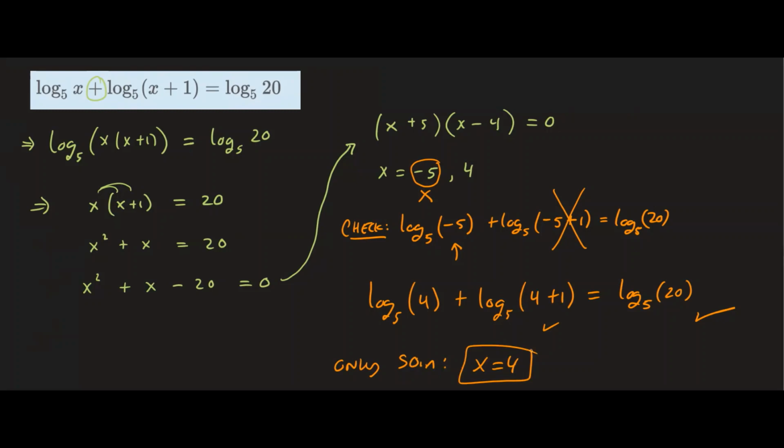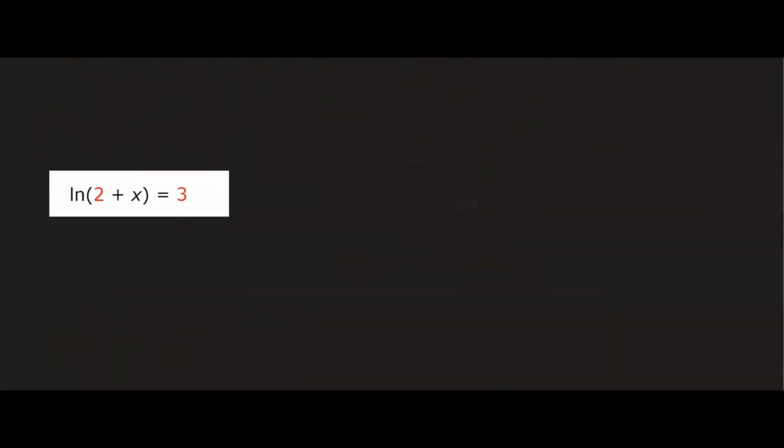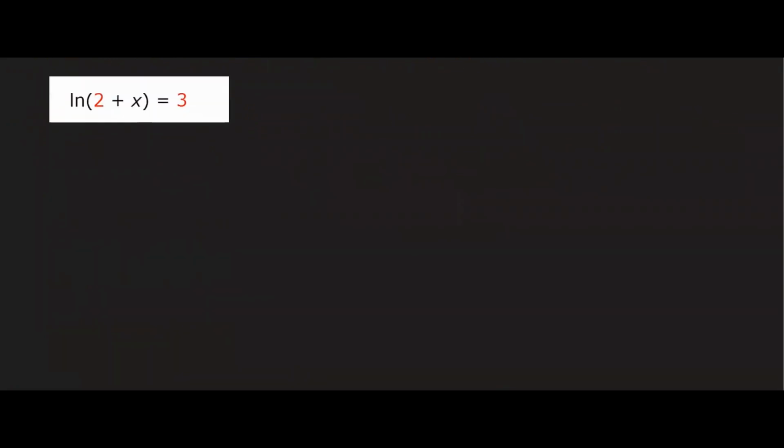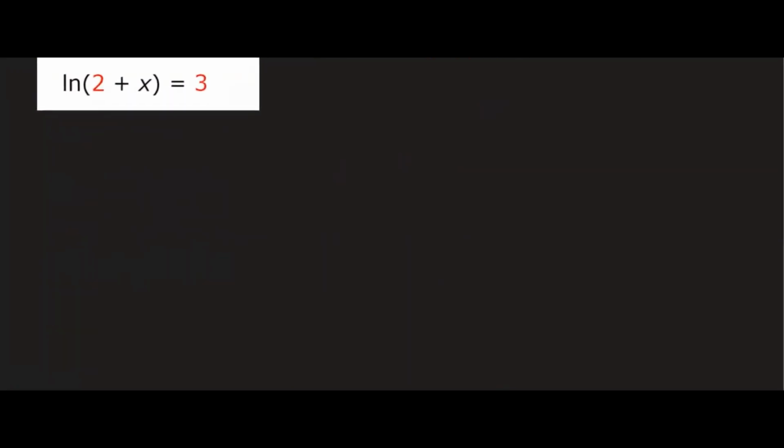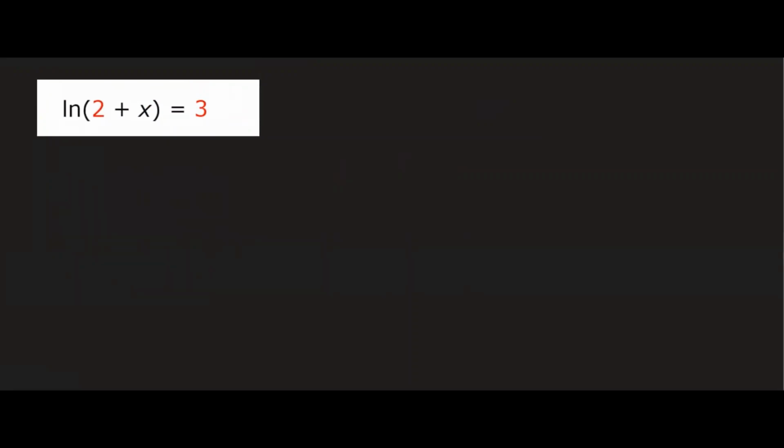Now let's try another equation. Let's try to solve this one where we have a natural log. We're still going to do the same thing: write this in exponential form and then solve for x. I know the base is e for natural log, so we can write this using the definition: e to the third power is equal to 2 plus x.